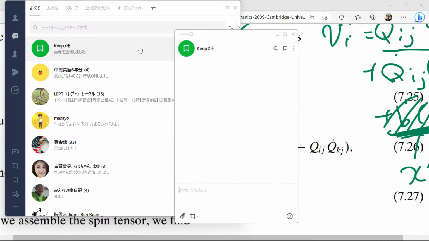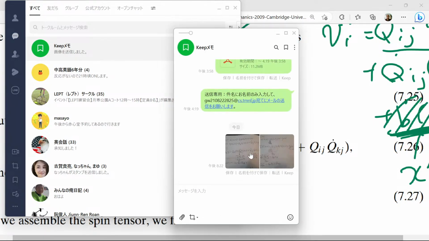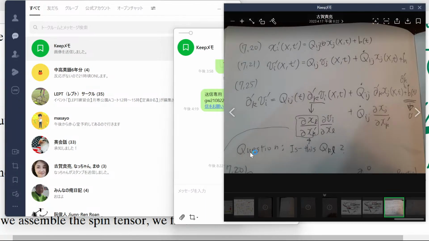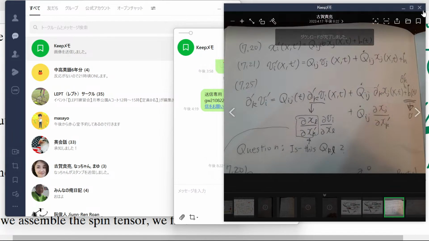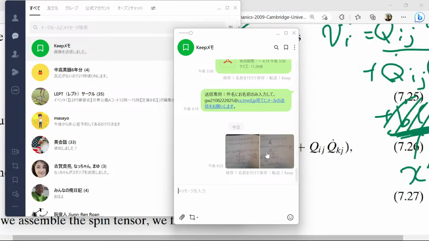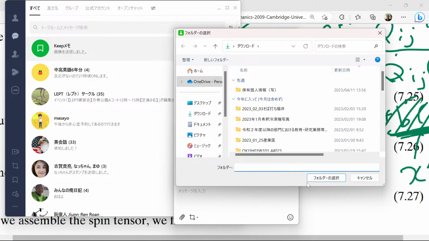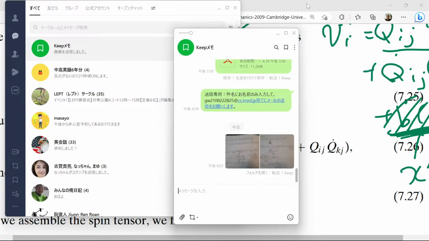So maybe I have to download this and this. How to download? Okay.